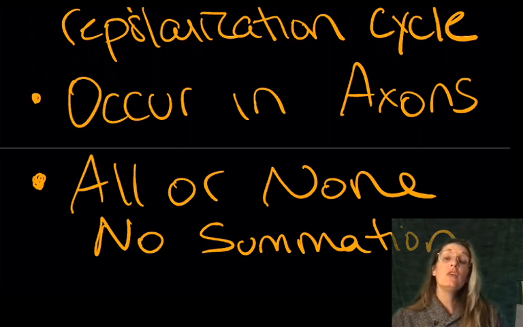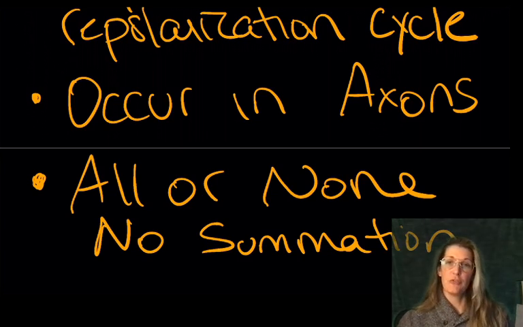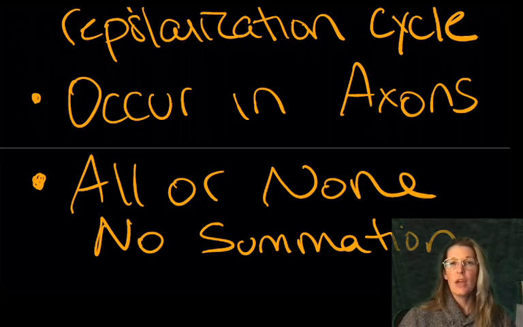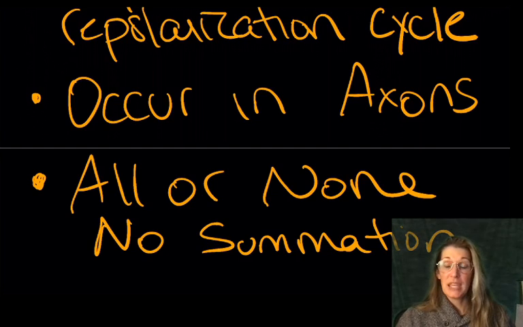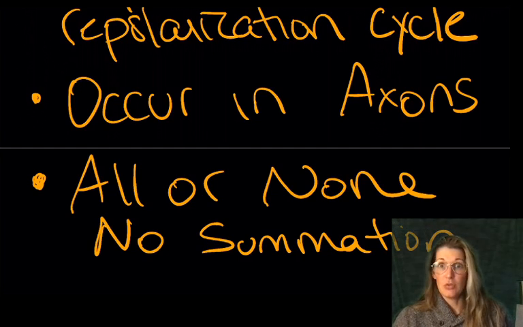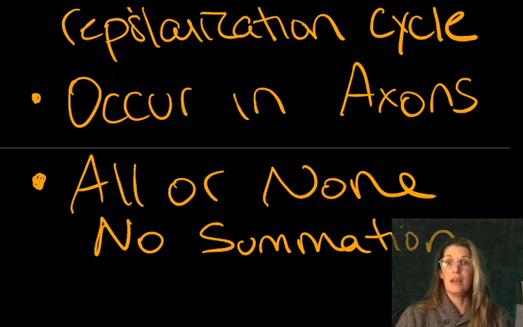Why do we feel things differently? Why do different amounts of pressure feel different? Why do loud sounds feel different? Why do we perceive those things differently if all we're getting is an action potential? Every neuron, that's all it's doing. So you get a stimulus, you get a graded potential. If you get a graded potential, you get an action potential. They do not differ in their intensity. And so we'll talk about that in the next video.